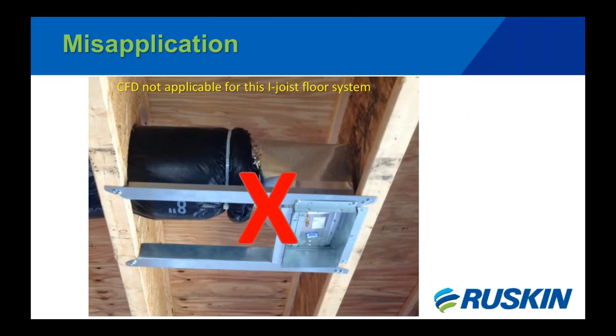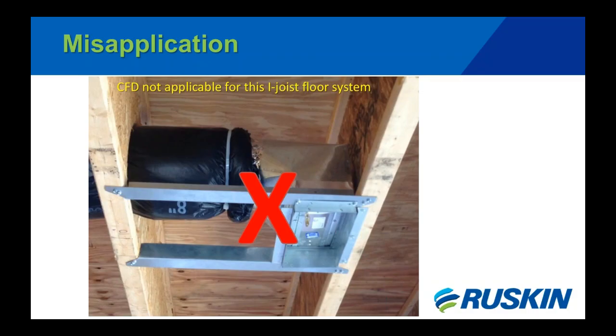Then we have another misapplication. This goes back to that wood joist floor system that I referred to. This is what's known as an I-joist floor system. Fairly inexpensive to build, so we obviously know why this is a choice as far as a specified floor system. It's typically seen in apartments, condos, more or less residential type.